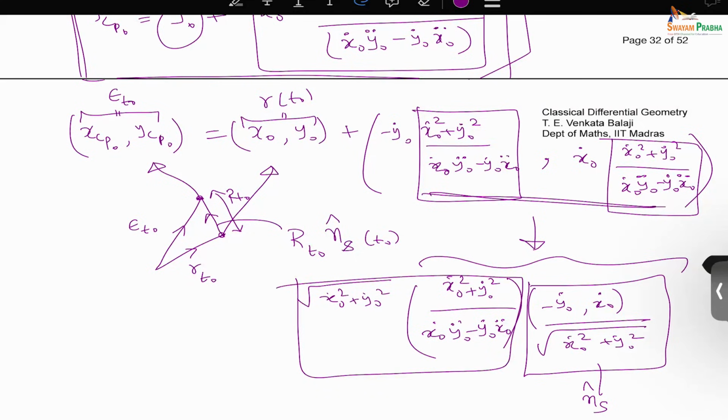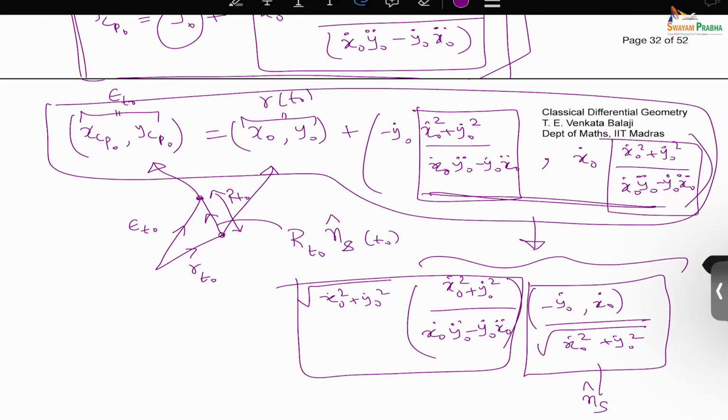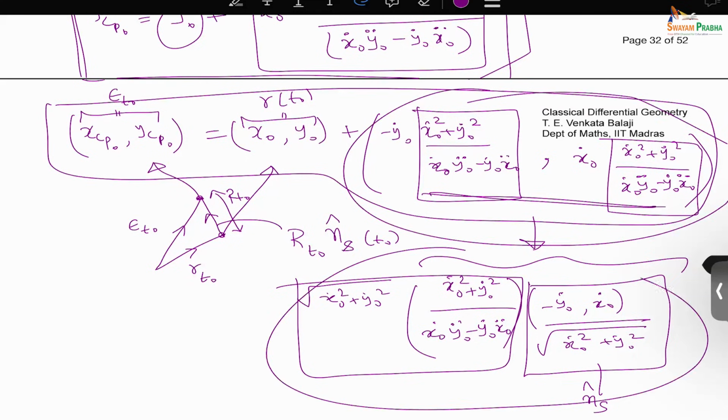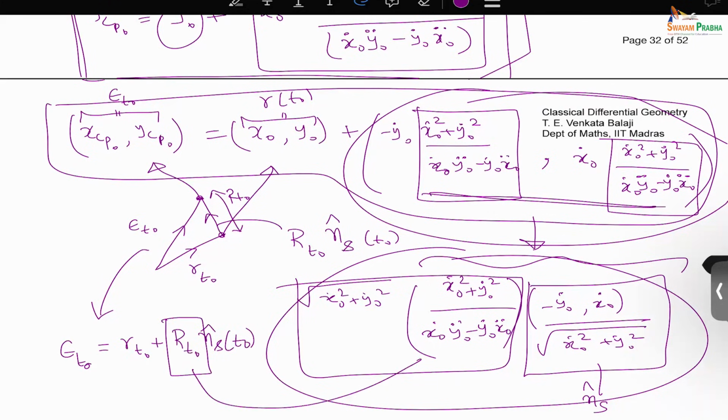So now you compare this equation, with this term replaced by this, with the equation you get by triangle addition, which is epsilon T naught equals gamma T naught plus R T naught times n_s hat of T naught, and you will see immediately this radius of curvature is exactly this term.